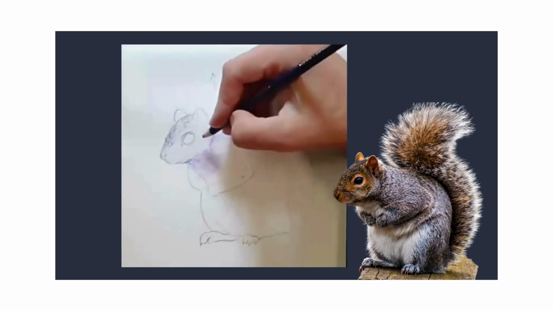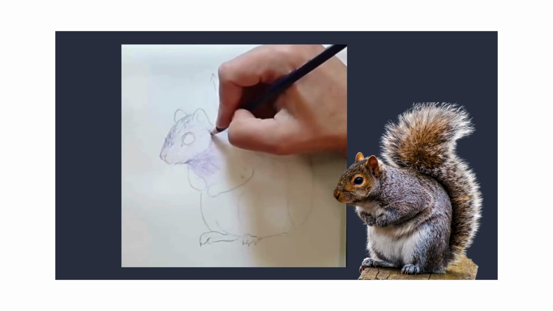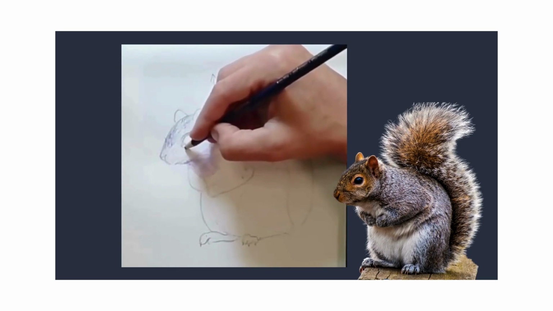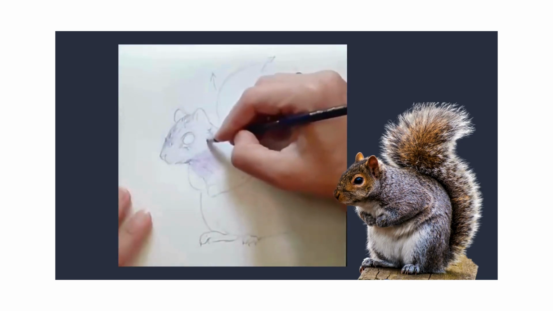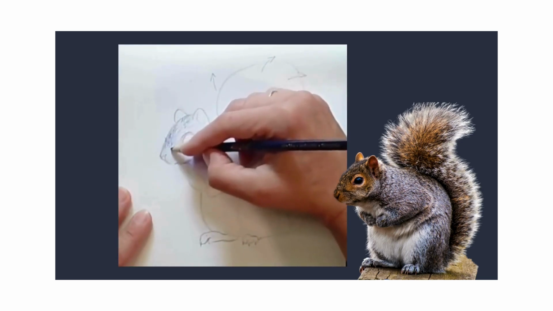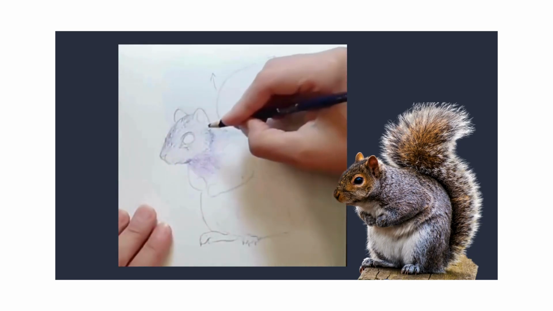Remember, drawing is an optical illusion, and I kind of just need to give the impression that that fur is there. And your eye and your brain will kind of fill in the gaps. So just kind of here and there, creating those textures.